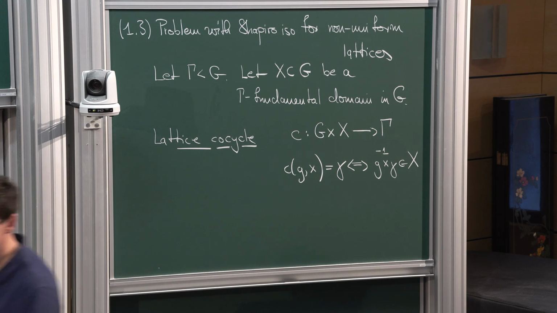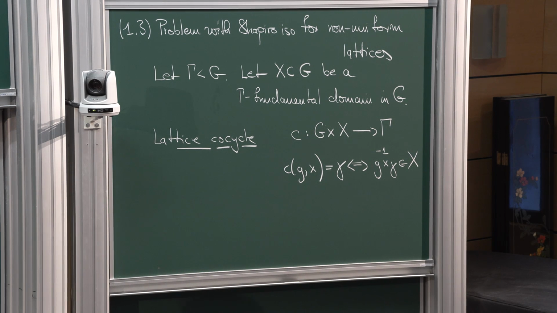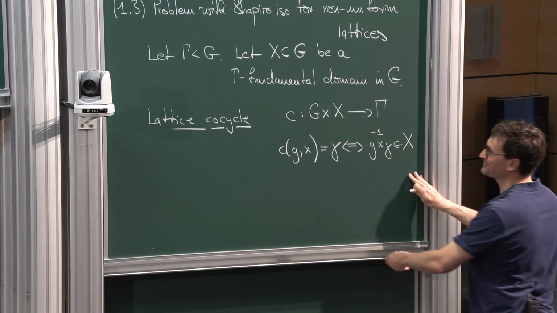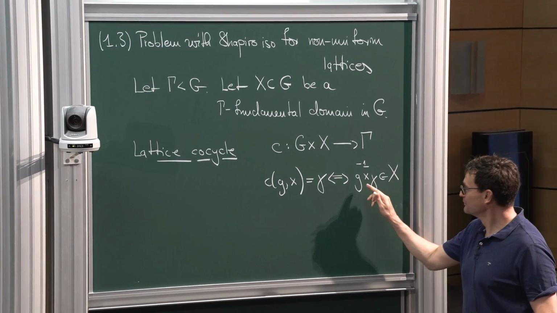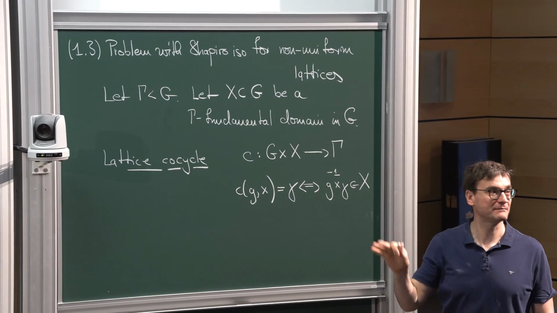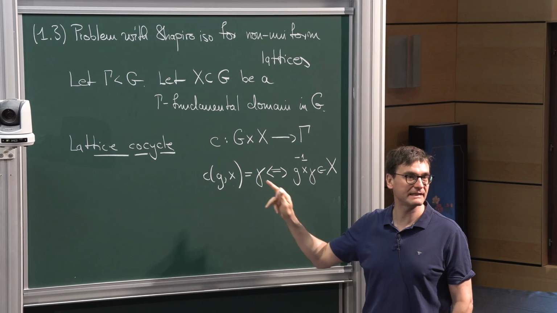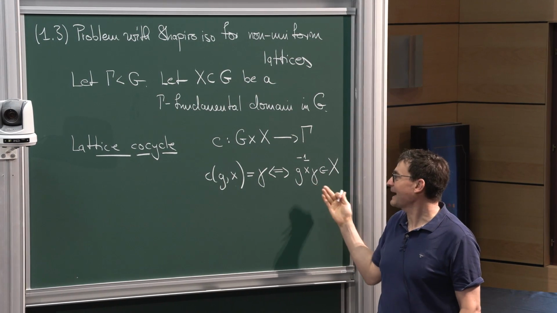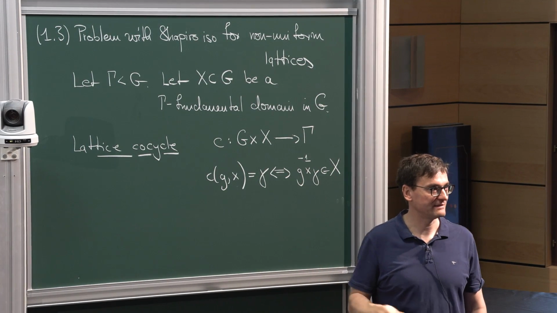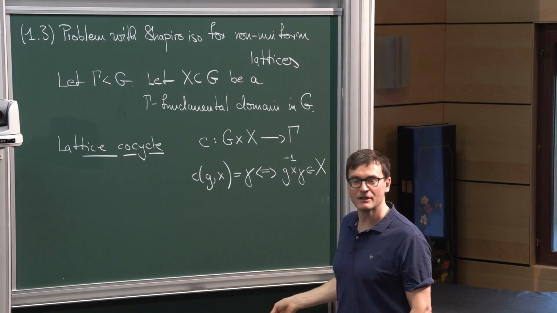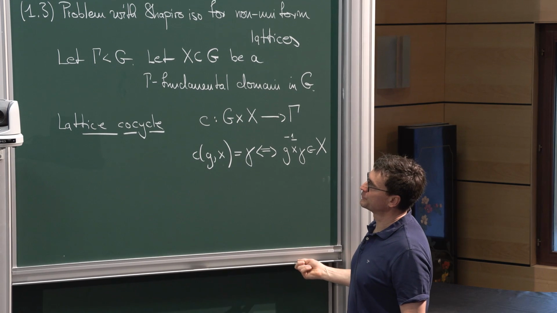I just, at one point I figured out where the inverse has to be, so I had to copy this. So you move your x with g outside the fundamental domain, and then the value gamma tells you how to move it back into X. So that's called the lattice cocycle. It has a certain cocycle property, not so important for us now.